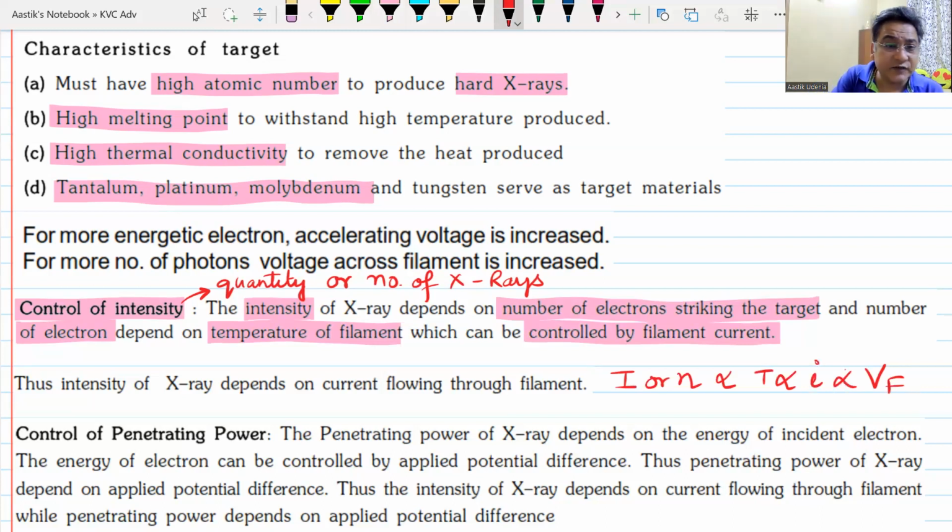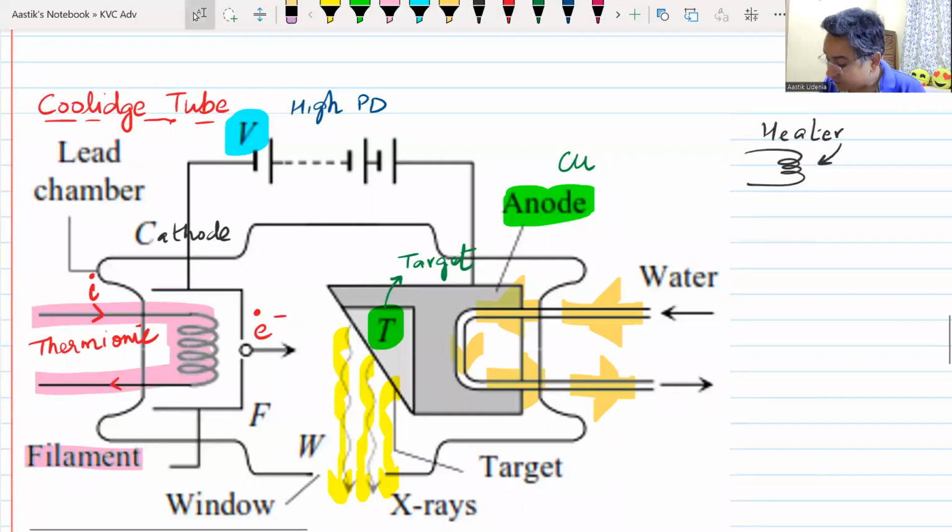I am writing it as Vf because there are two voltages here. As you can see, one is the potential difference between the cathode and the anode. Here, I can just apply a small battery and I will call it as Vf.